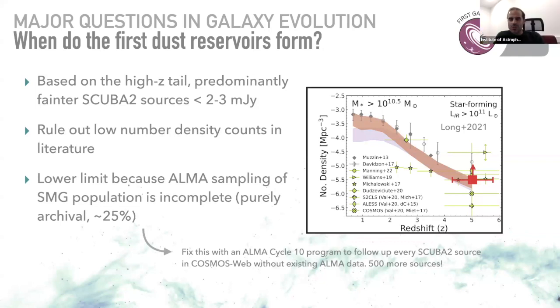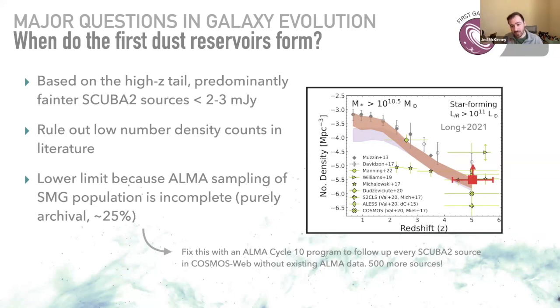And I imagine that those shaded regions are model predictions? Yeah, right. So these are model predictions, but they're tied to Ariana's work, where she tries to link the dusty galaxy population with the massive quiescent galaxies at later times. So it's also tuned to the quiescent galaxy population.